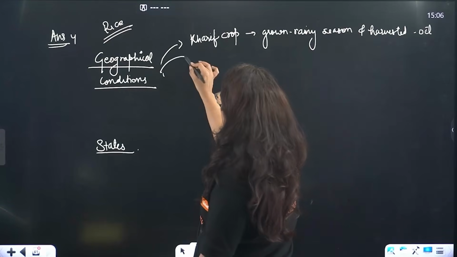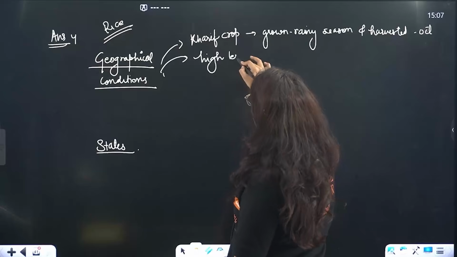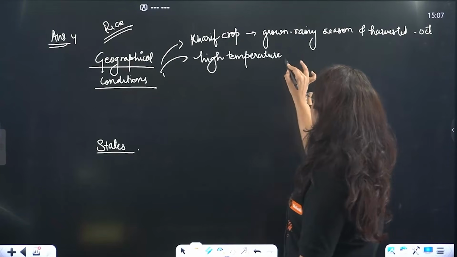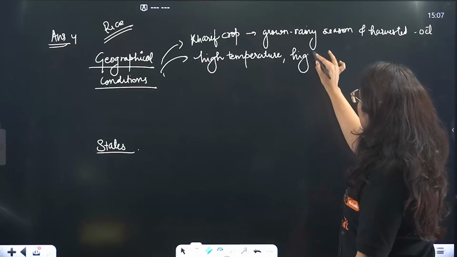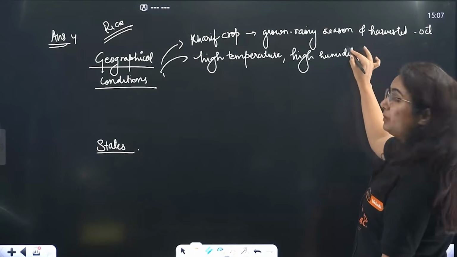Now, as it is a kharif crop, what does it require, beta? It requires high temperature, also high humidity. ठीक है, high temperature and high humidity.